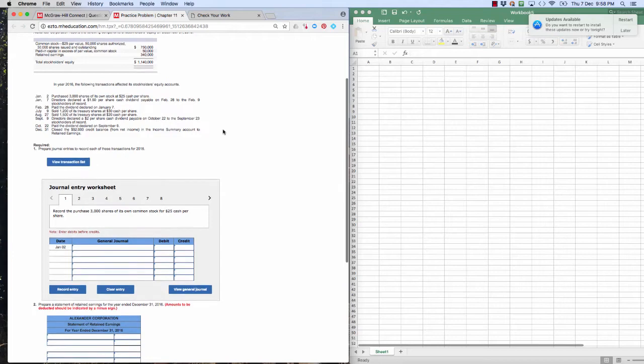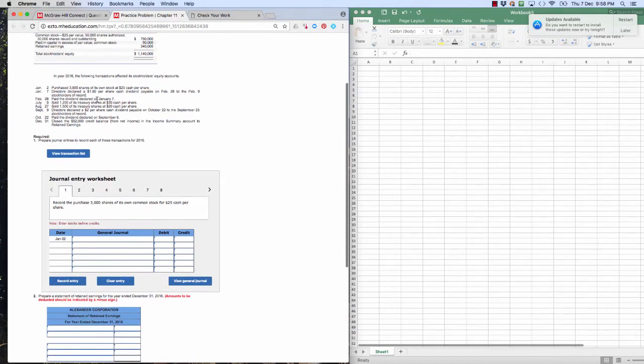So in the year 2016, there are these transactions that relate to stockholder equity, and we're going to journalize them. The first one is that they purchased 3,000 shares of their own stock at $25 per share. This bit here from January 2nd is purchasing treasury stock, and the section on that can be found in the text on page 498.